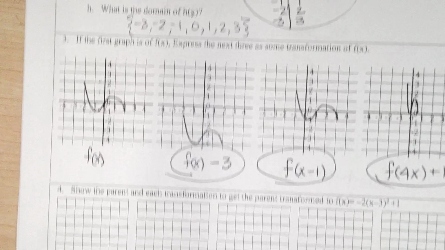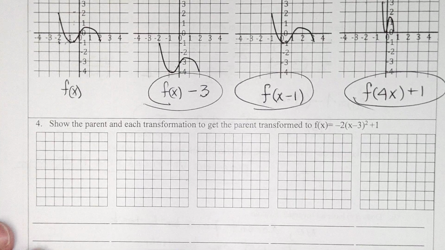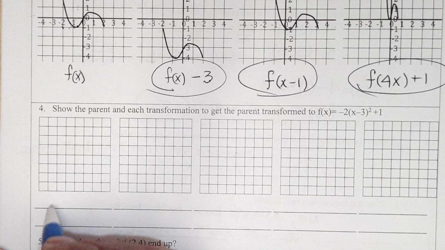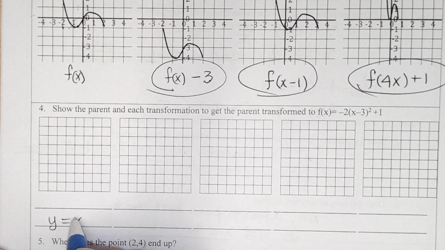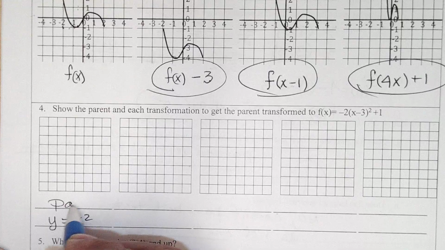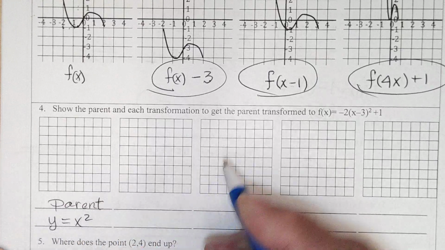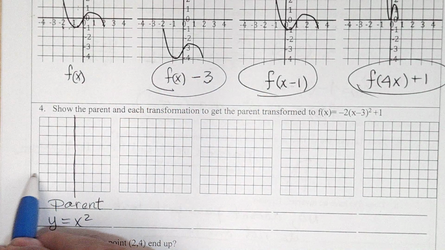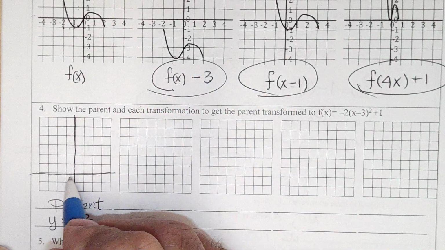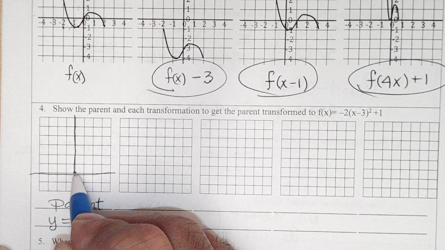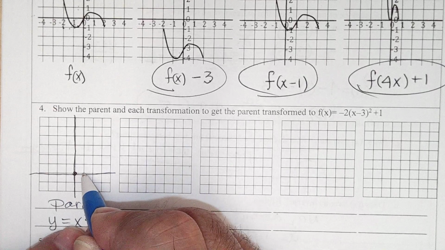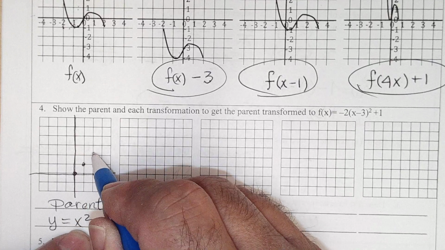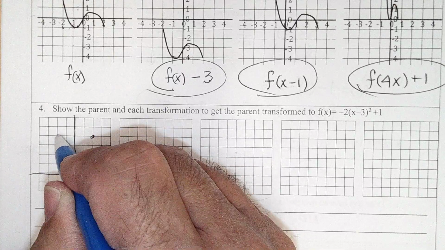Okay, now let's go to this one. The parent is y equals x squared. And I really hope that you know how to graph y equals x squared. 0 squared is 0. 1 times 1 is 1. 2 times 2 is 1, 2, 3, 4.